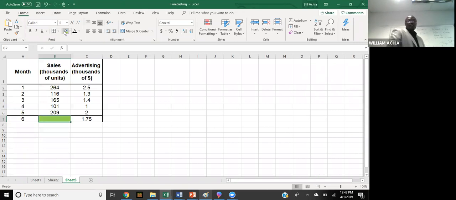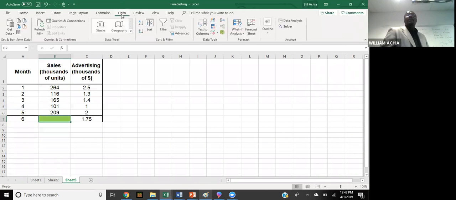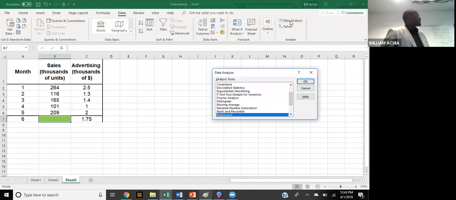Okay, so let's do this. Let's go into data, and once you're in data, go to data analysis. Make sure you have data analysis on the top right-hand side of your screen, and look for regression. Okay, and hit OK.